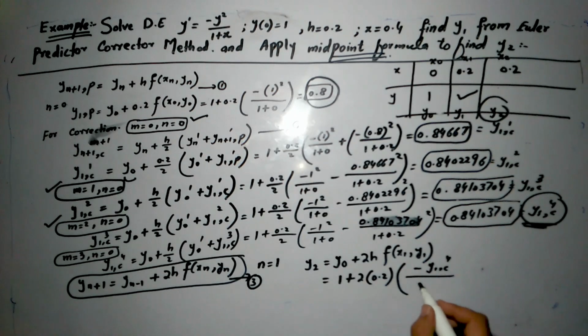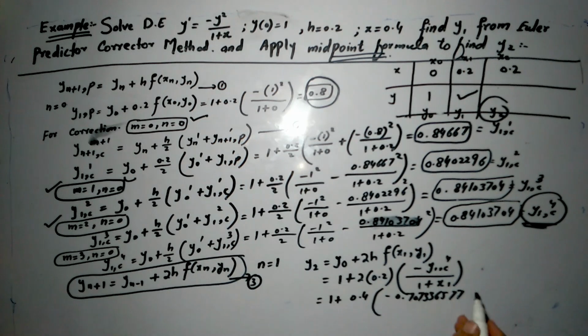So after putting the values, this will be equal to 1 plus 0.4, minus 0.7073365744 over 1 plus 0.2.